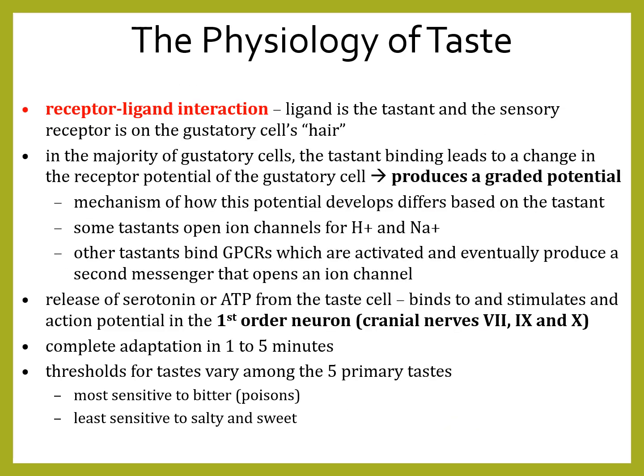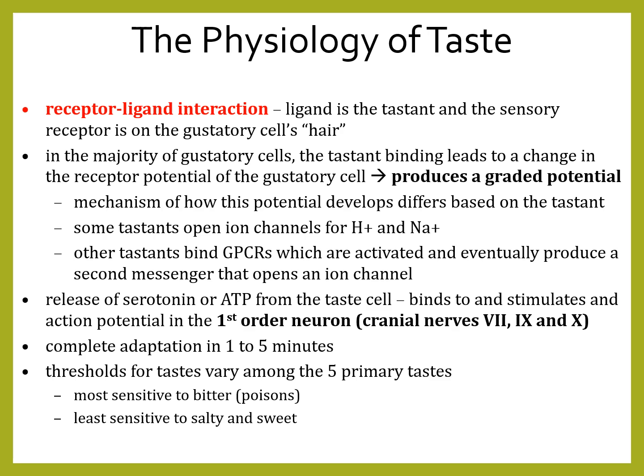The physiology of taste can be a little complex, but it does rely on the binding of a ligand, which is the tastant, binding a receptor, a sensory receptor, located on a gustatory cell's hair. Now, for the most part, in most gustatory cells, the tastant binding is going to lead to a change of receptor potential.